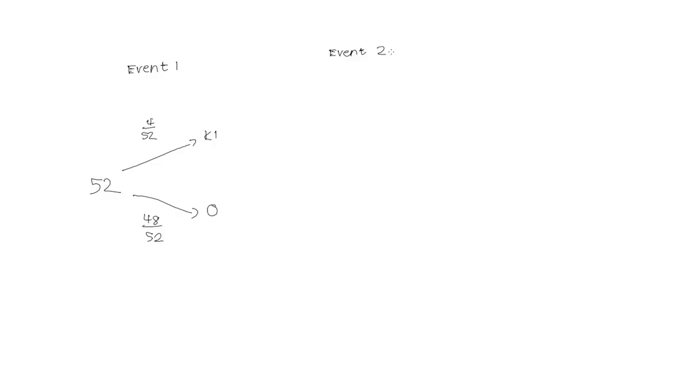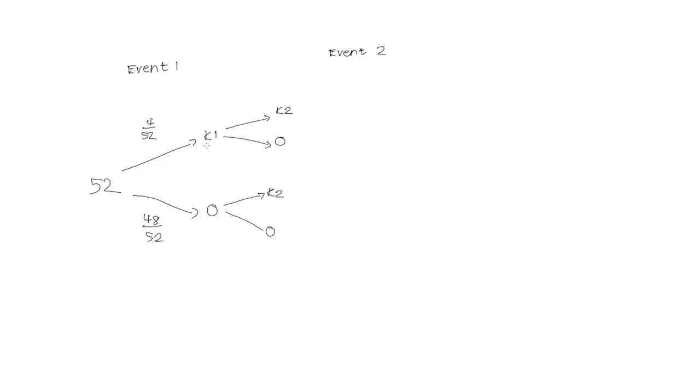So there is a possibility that we can draw a king from the deck, or we can draw any other card that is not a king. Similarly, we can draw a king and a card that is not a king in event 2 when we have drawn another card in event 1.